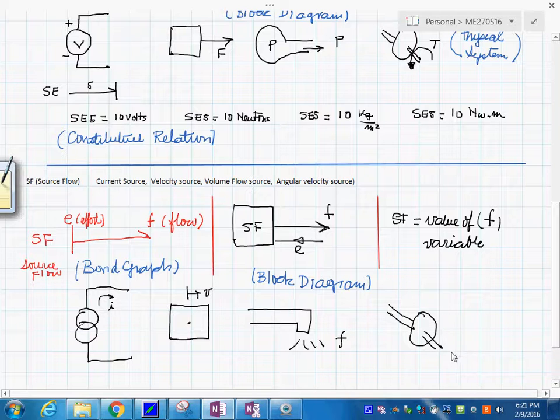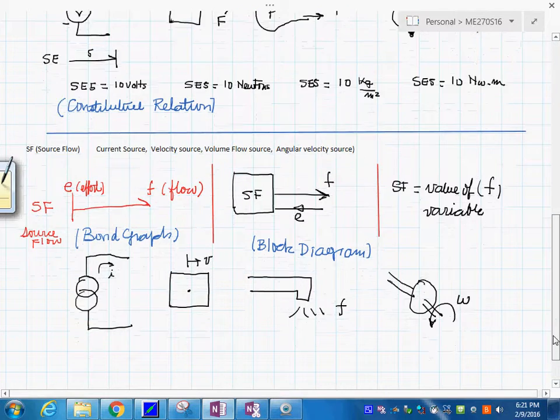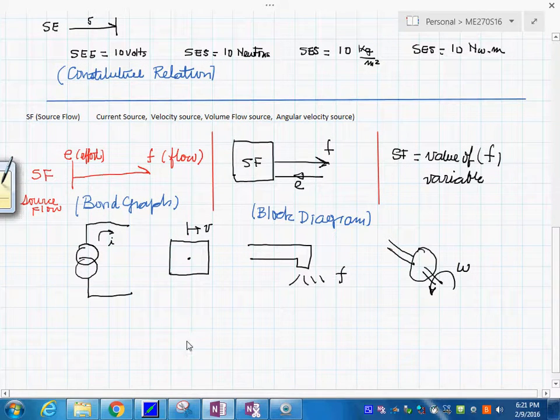And if you're on a hydraulic system, SF9 would be 10 cubic meters per second. And on this one, SF9 would be in units of radians per second. Yeah. So that covers both of those elements, the SF and the SE element.